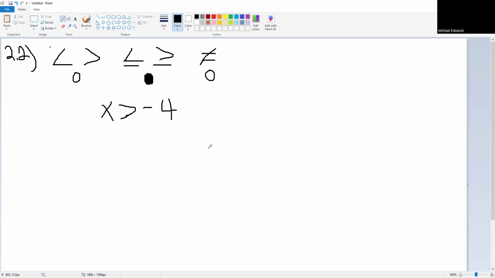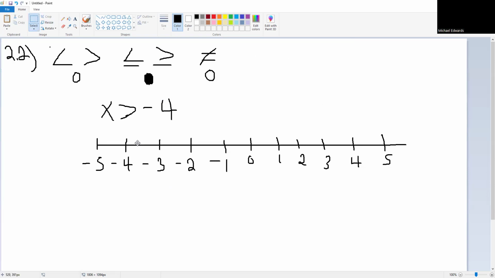I think you already know. We have -4, and we're going to open it, and x is greater than -4, so it goes out. It's not bounded, so this is unbounded because it goes out.